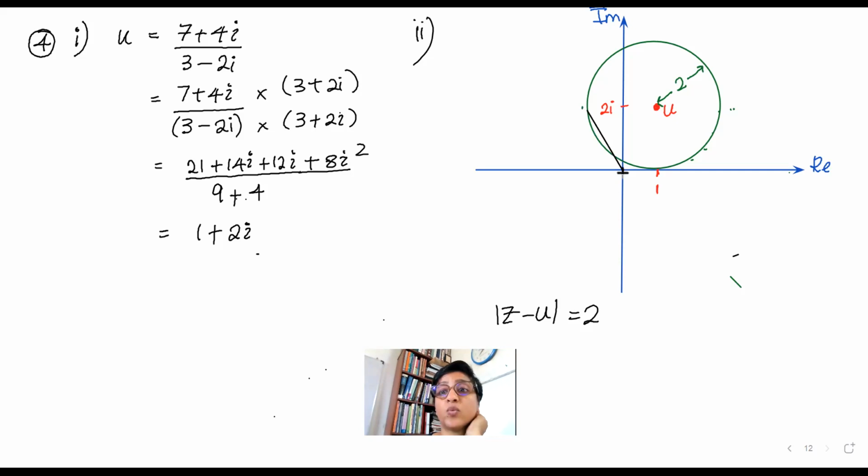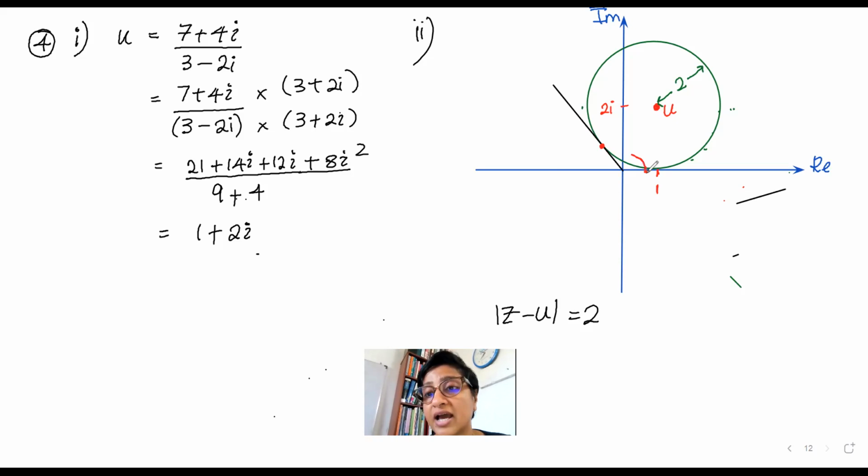If I draw the tangent, the z sitting right here, wouldn't it be? If you draw the tangent, the one right here has the greatest argument angle.